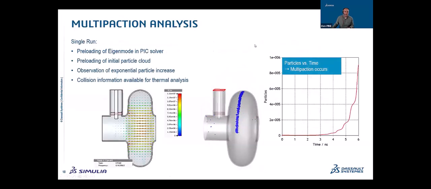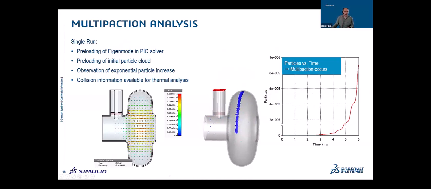So we've talked about multipaction before this afternoon, and it's equally important for cavities. As the particle beams go through and their fields interact with the cavity, as well as just the fields in the cavity itself, you can get an electron cascade where electrons are kicked out of the surface of the cavity, and then if you're unfortunate, they will bang into the walls of the cavity and kick out secondary electrons.